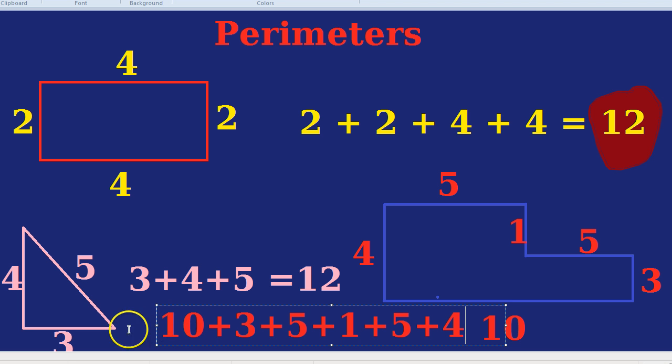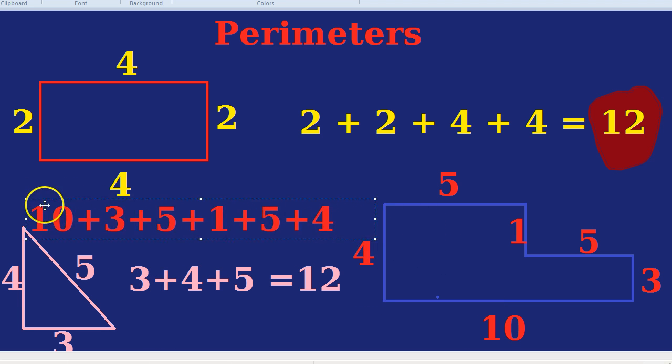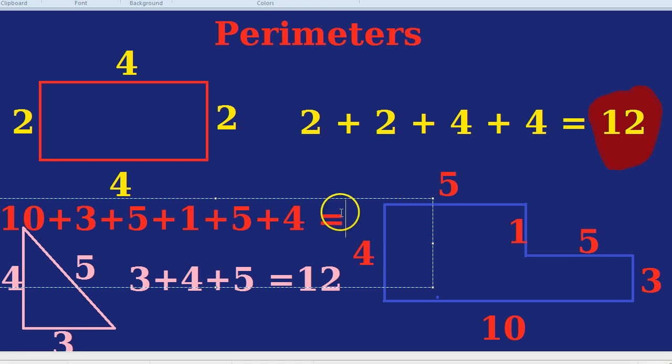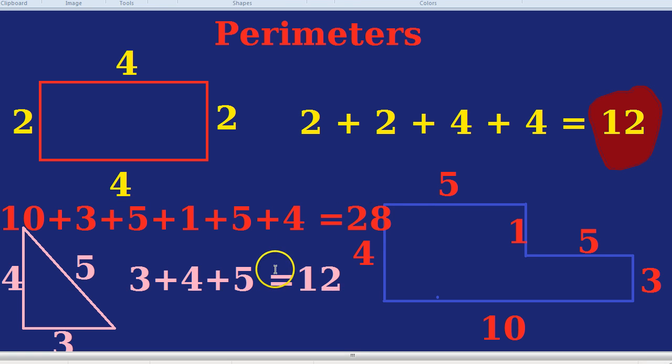What does that equal? 10 plus 3 is 13, plus 5 is 18, plus 1 is 19, plus 5 is 24, plus 4 is 28. So it didn't have a perimeter of 12, this time it had a perimeter of 28. And that is what a perimeter is.